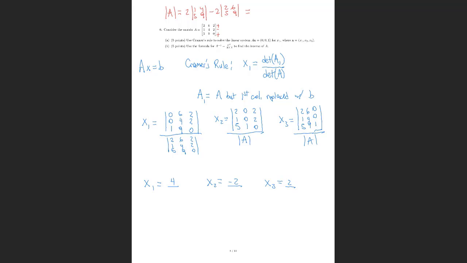That's 9 minus 20, negative 11, so negative 2 times that gives negative 22. And this would be 18 minus 30, so negative 12, times negative 2, so plus 24. So I think determinant A is 2.